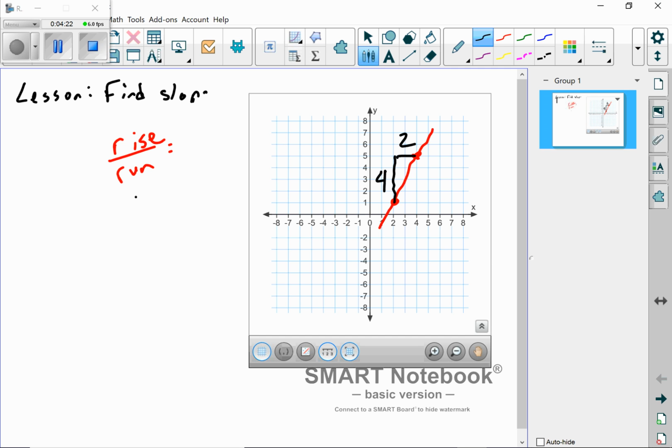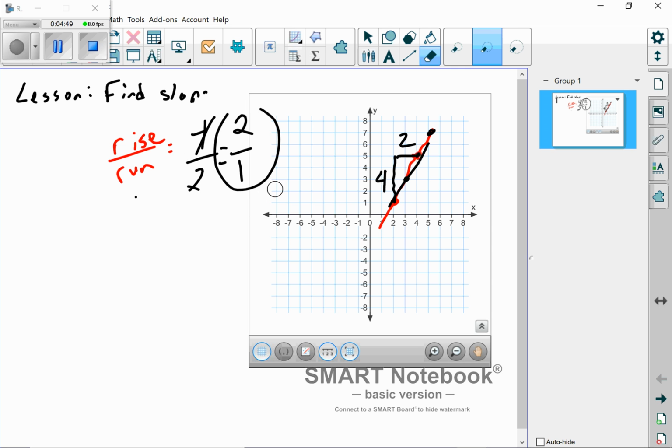So this time, the answer is 4 over 2. Now 4 over 2 can be reduced by a common factor, so 2 goes into those. We divide both of these by 2 and you get 2 over 1. So 2 over 1 is the best answer. If you look back at the graph, 4 over 2 is the same line as if you go up 2 and over 1, and up 2 over 1, and up 2 over 1. Again, we did this before. You guys know how to.